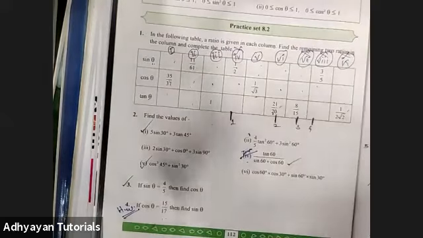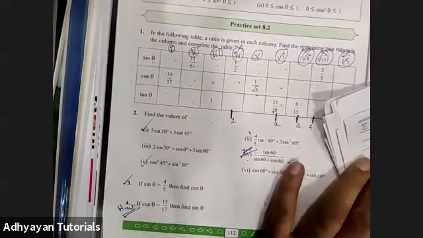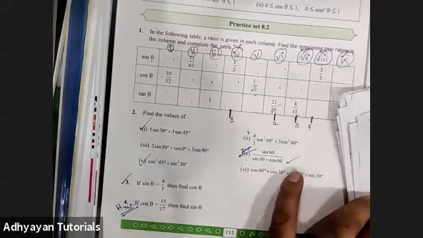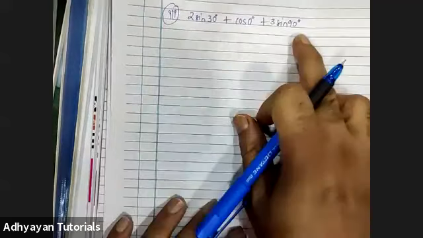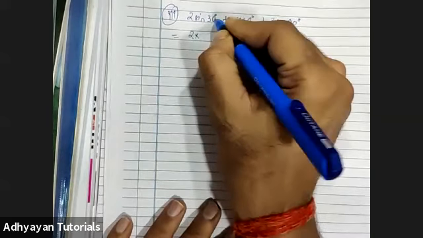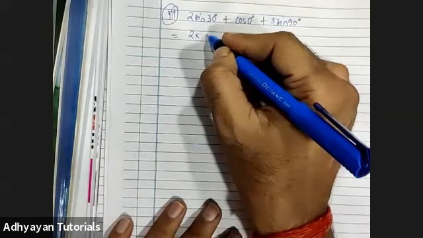Okay. So children, we move on to third sub question. Just let me copy it. It is 2 sine 30 degree plus cos 0 degree plus 3 sine 90 degree. Correct. So here it is. I've just copied this. Now, 2 sine 30 ka value from the table. I remember it.